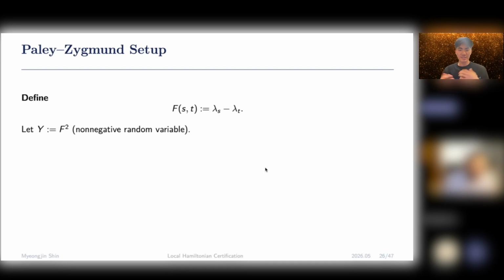So as said, let's make it a distribution. Let's define a random variable f(s, t), where s and t are the variables, as lambda s minus lambda t, which is the difference of the eigenvalues.